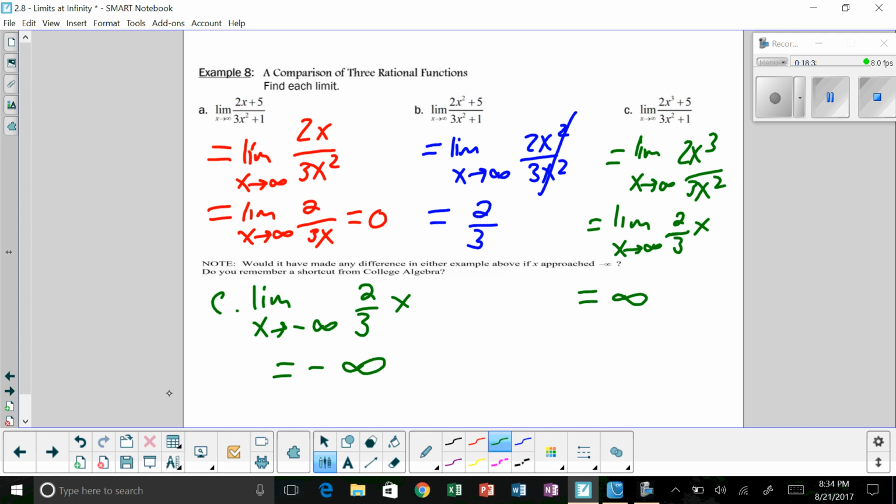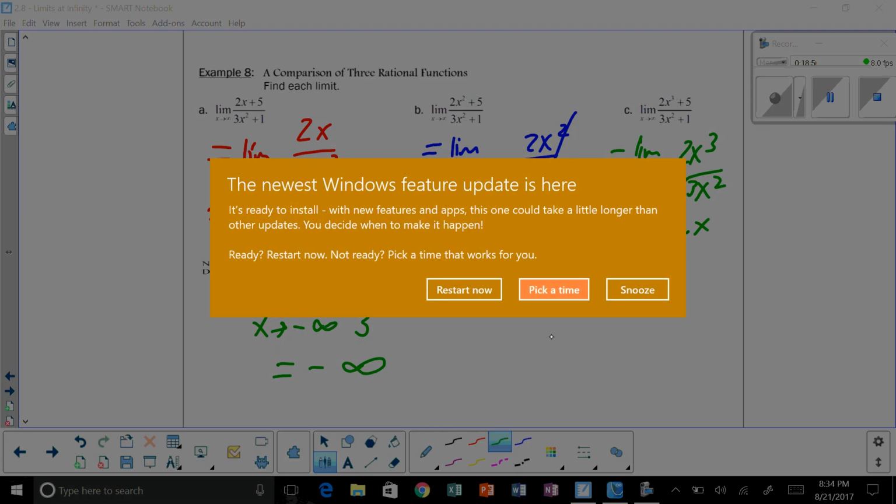What we've seen here is that all three of these are rational functions. When the limit as x goes to positive infinity is a constant, like 0 or 2/3, that's going to be the same no matter whether x is approaching positive infinity or negative infinity. However, if the limit is infinite, the end behaviors may be different. One side might be positive infinity, and one side might be negative infinity.